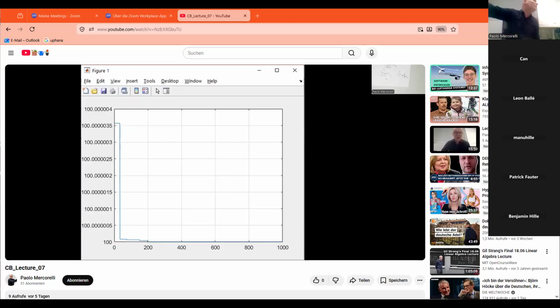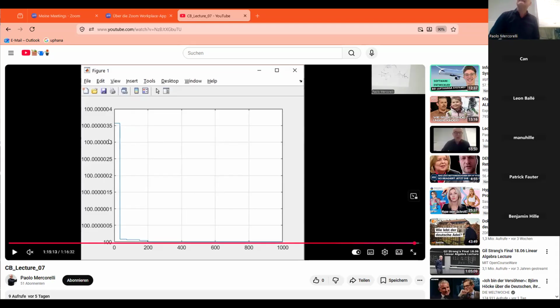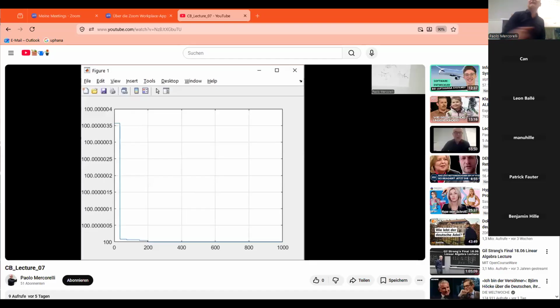Here we don't need it, because we are very quickly in the exploitation phase, because the problem is theoretically convex, but practically, numerically, not convex.